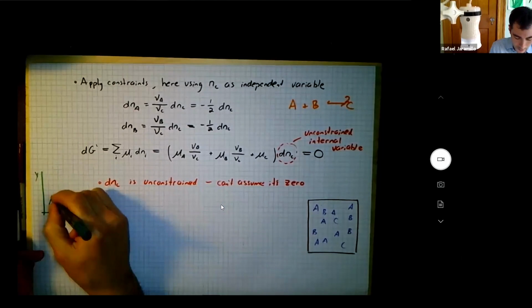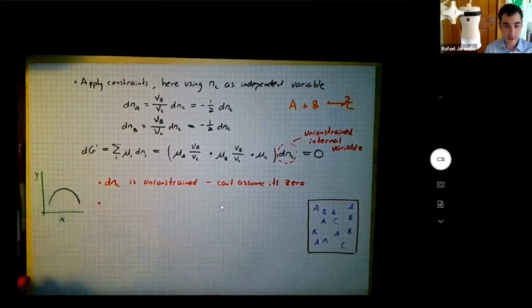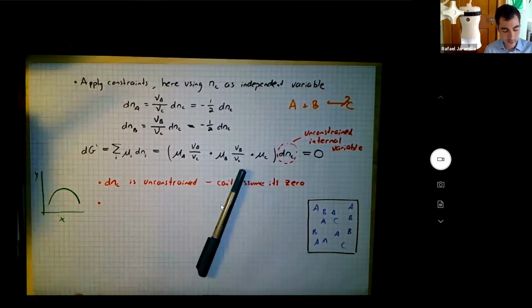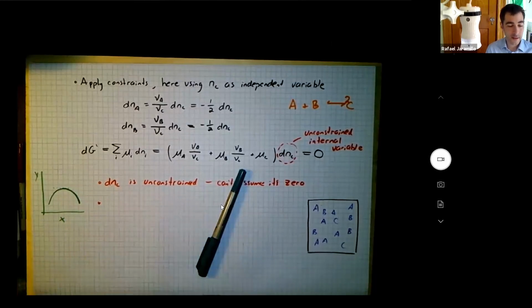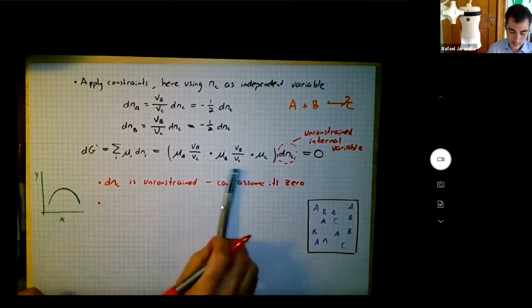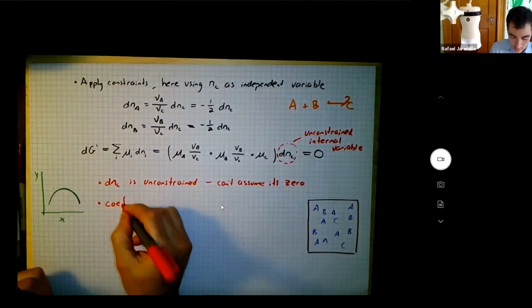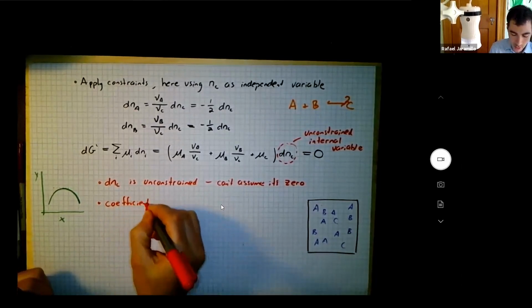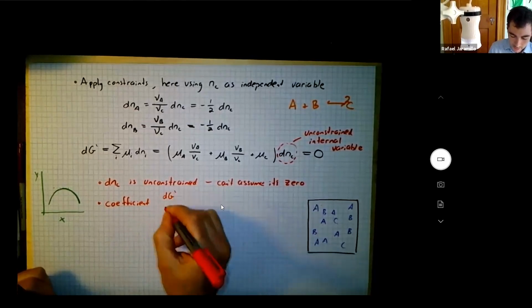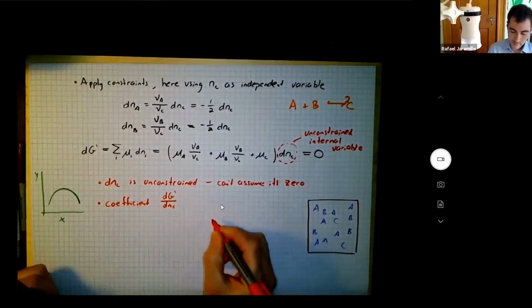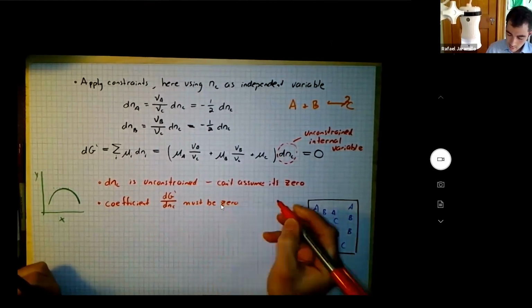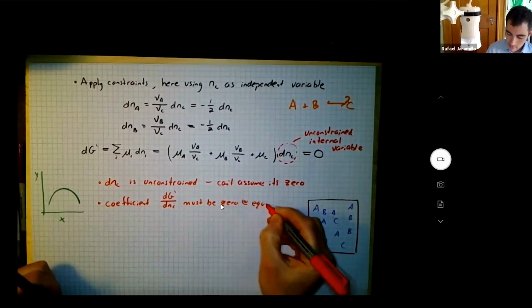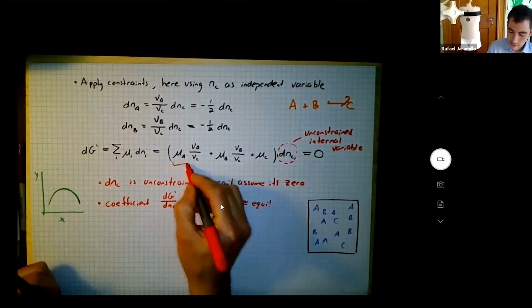If you have a function, you're optimizing it. Here I draw for a maximum, same thing for a minimum. How do you enforce the condition of being optimized? You make the slope 0, right? That's what we're doing here. The coefficient dG/dNc must be 0 at equilibrium. That becomes the equilibrium condition.